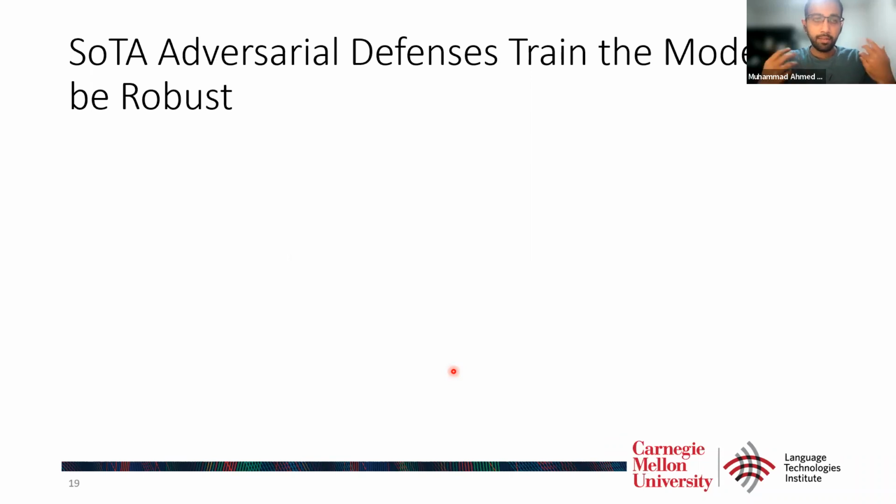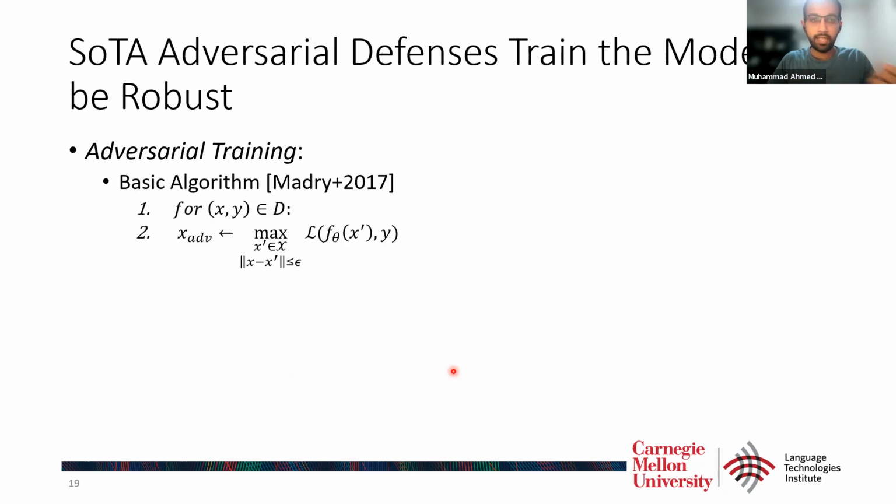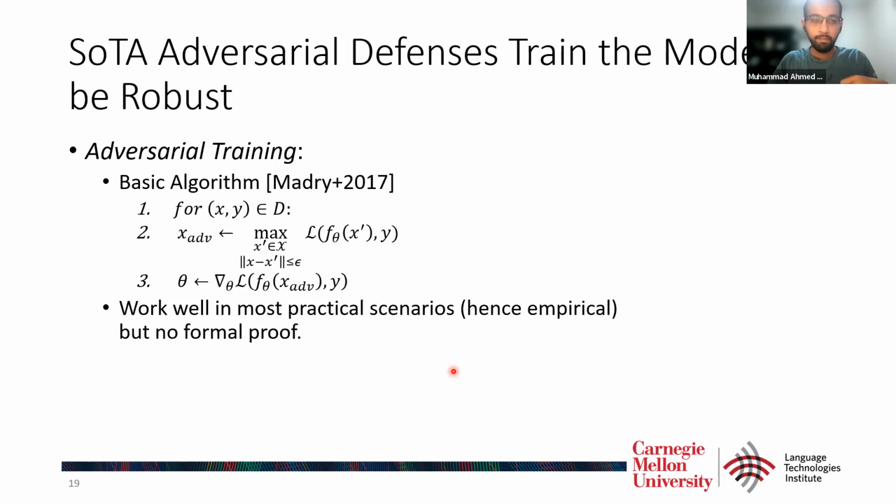Now, the state-of-the-art methods that are used to make models more robust to such adversarial attacks essentially train the models to be robust. What that means is they use a method called adversarial training. The basic idea is that they train the model on adversarially perturbed images.